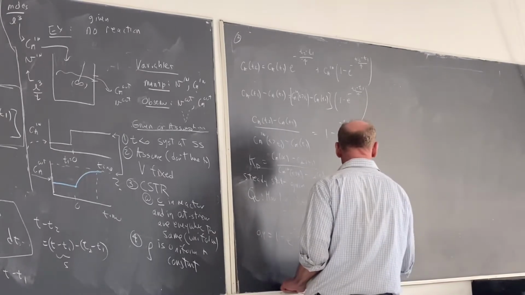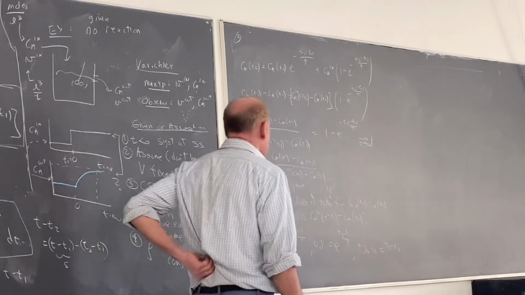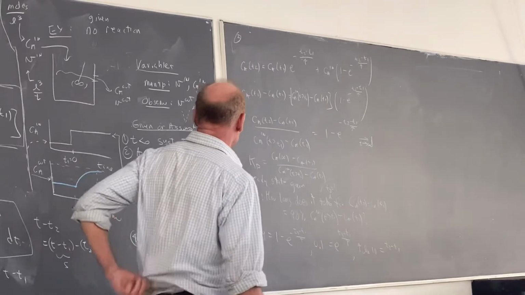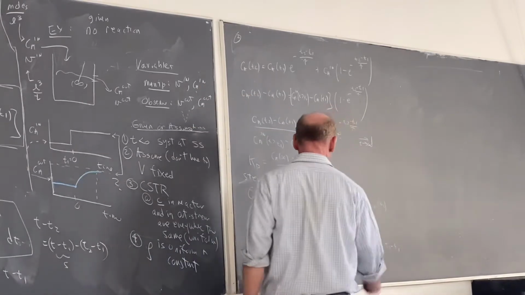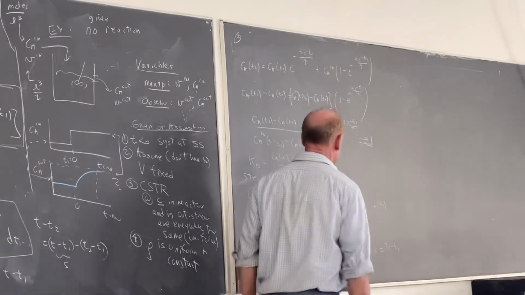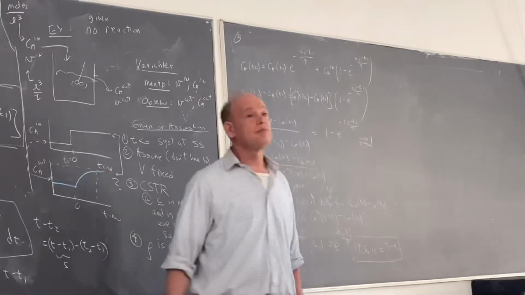And I have to multiply by tau. So I bring this to the other side of the equation. So I get T2 minus T1 is tau log n, which you can calculate.